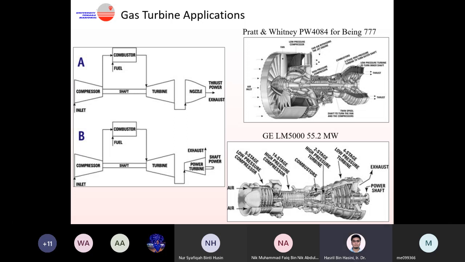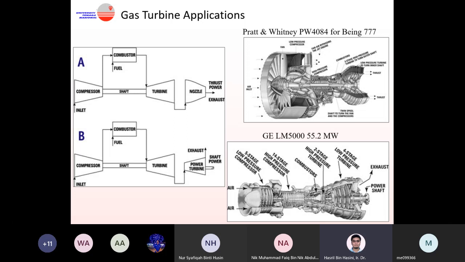You can see the main configurations are the same: compressor, turbine, combustor, the shaft. It's just how they utilize the hot exhaust gas that is different. In the case of the aircraft engine, the hot exhaust gas that comes out of the turbine, after rotating the shaft, is used to create the thrust. That's why you have to channel it through a nozzle.